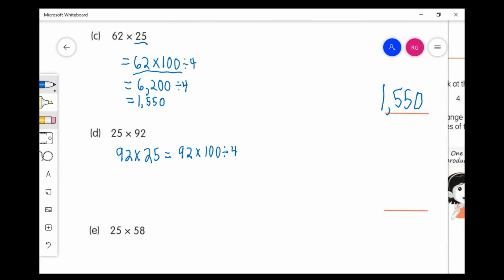Okay, and then we'll see in a moment why we did that. This is going to equal 9,200 divided by 4, and that is going to equal 2,300. Okay, so you should write 2,300.